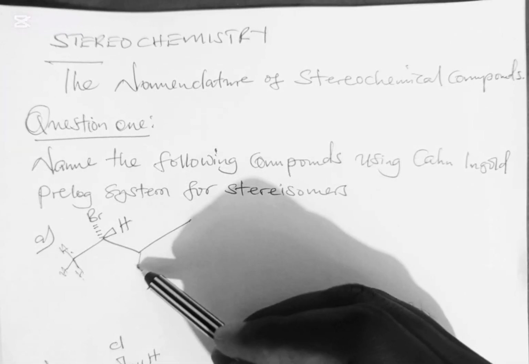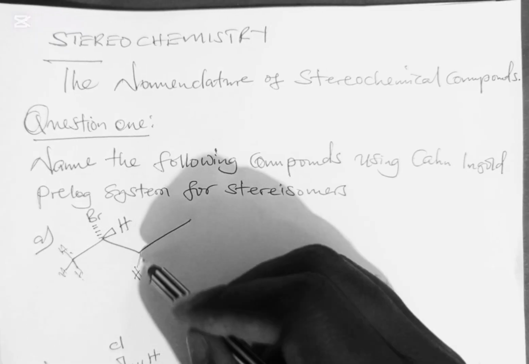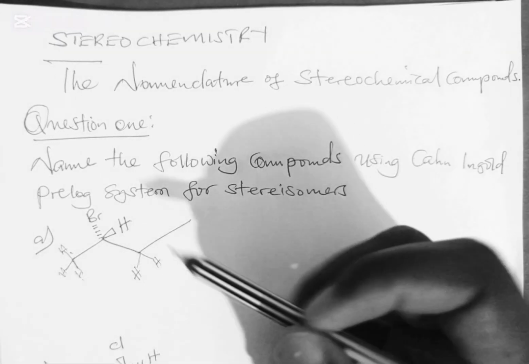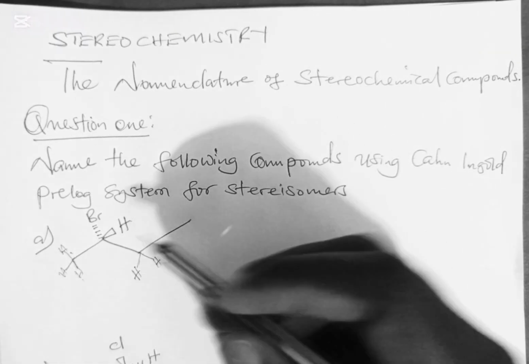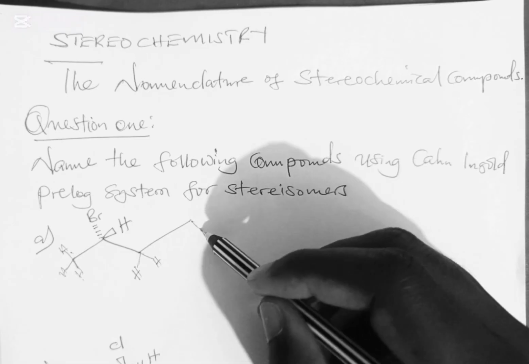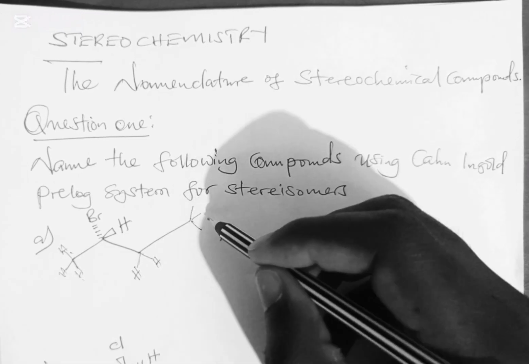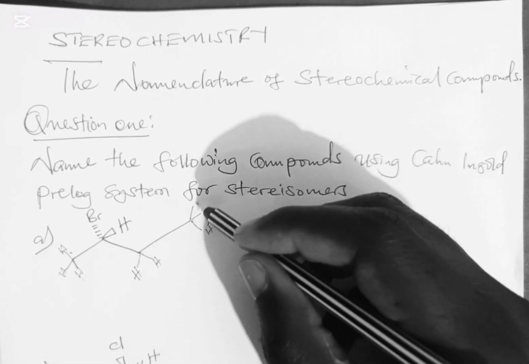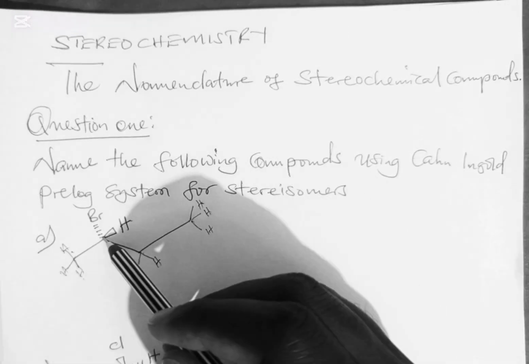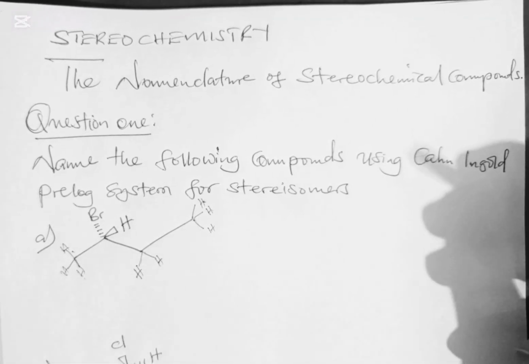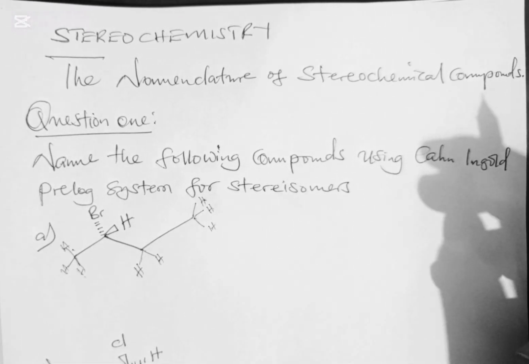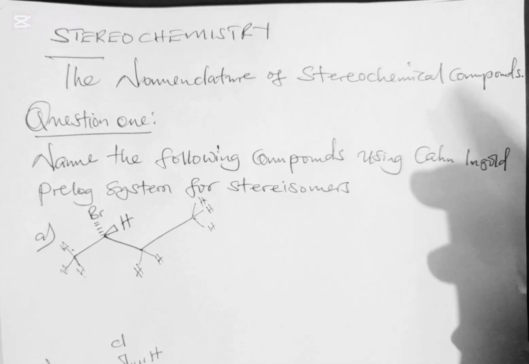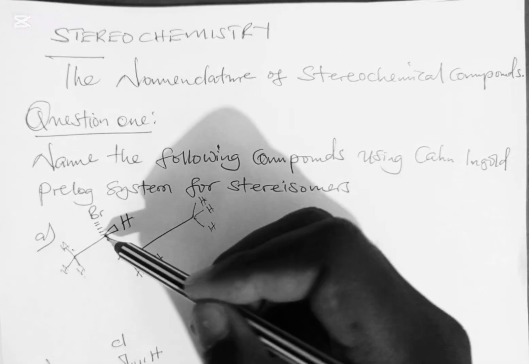So this one also is an achiral carbon. So we cannot apply the RS configuration to an achiral carbon. So the RS actually applies only to a chiral center. So in this case, the chiral center is this one here. So what are we going to do? What we're going to do is first to assign the RS configuration to this chiral center.